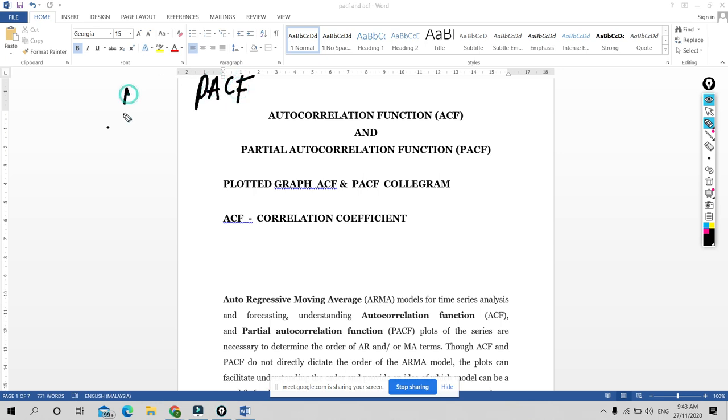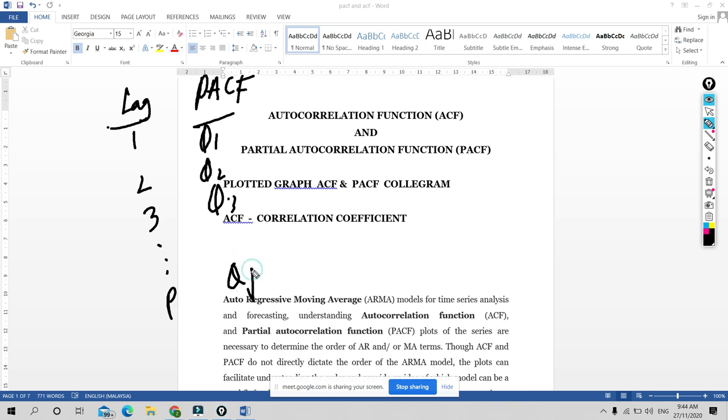In other words, correlation between YT and YT minus P. This is a correlation between YT and YT minus 3, YT and YT minus 2, and YT and YT minus 1.